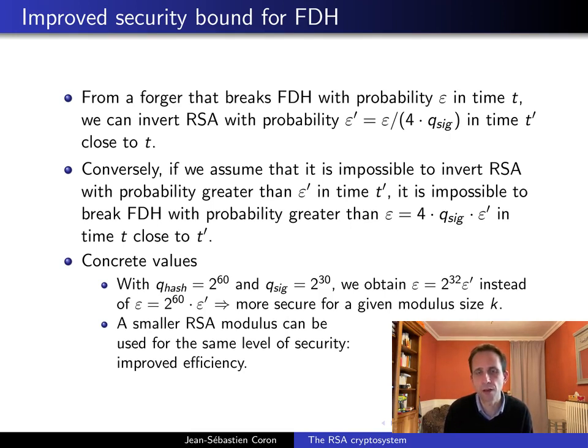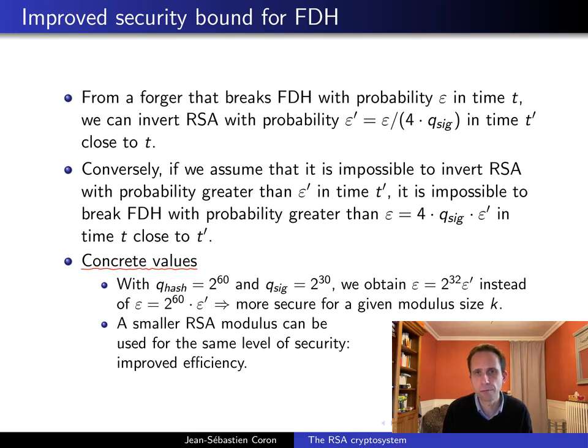And now we can assume that actually qh is much larger than qsig, because we can assume that the attacker is going to compute a huge number of hash queries. So we can take, for example, qh equals 2 to 60, but the number of signature queries can be lower. We can assume that it is lower. So we can take qsig equals 2 to 30. And so in that case, the penalty factor is 2 to 32.